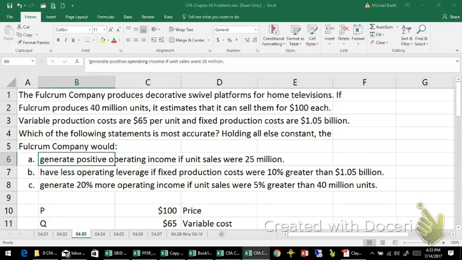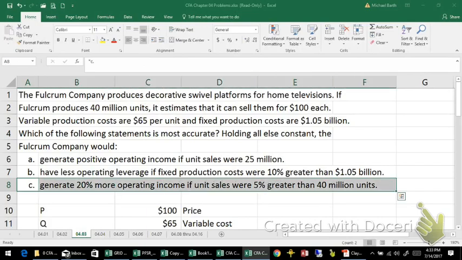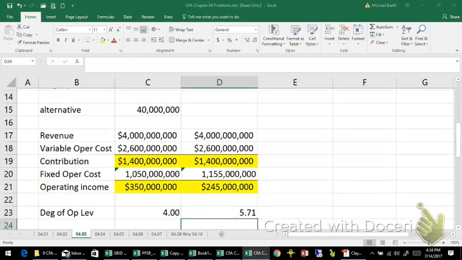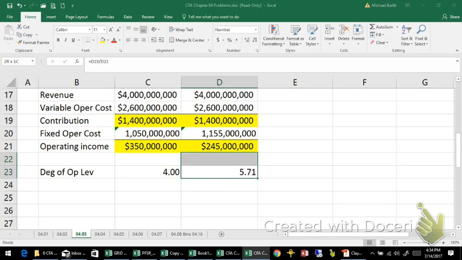So A wasn't correct and B wasn't correct. They would have more operating leverage if they increased the fixed cost. And that leaves C as the correct answer, which says generate 20% more operating income if unit sales were 5% greater. Well, that's where the degree of operating leverage comes in.